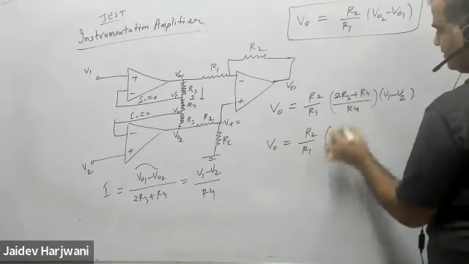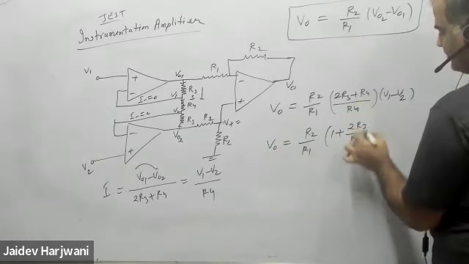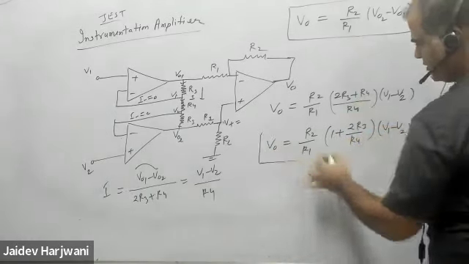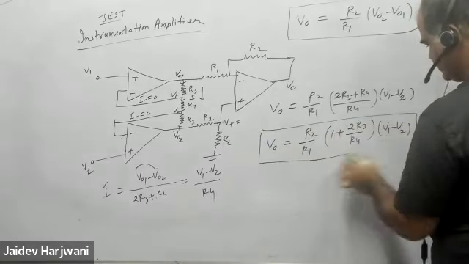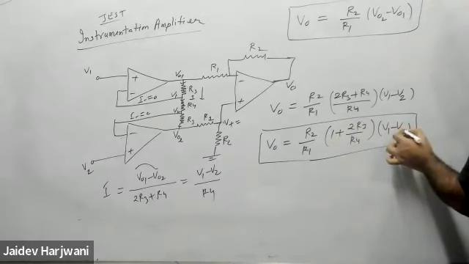This will become what? 1 plus 2R3 by R4. And this will be your V1 minus V2. Okay, this V1 minus V2.